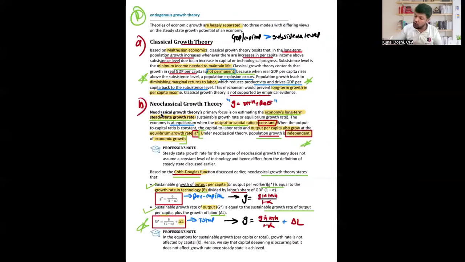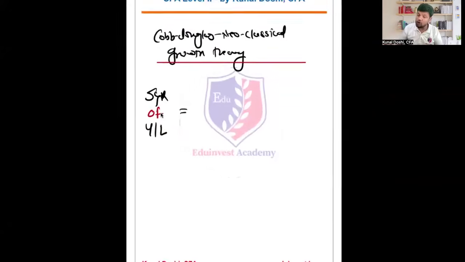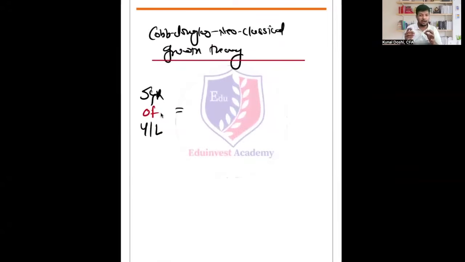All right. So if I want to find the growth based on per capita, it is technology divided by 1 minus alpha. However, not only on the basis of per capita, but if I want to include the growth due to the labor as well, we need to add the change in the labor.